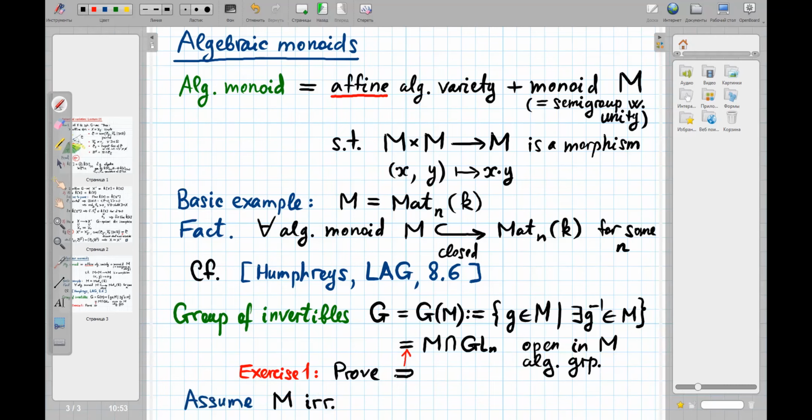And it follows that G is connected. A connected algebraic group. And it is dense in M. So we get a big open piece of M, which is an algebraic group, and the whole M is the closure of G.